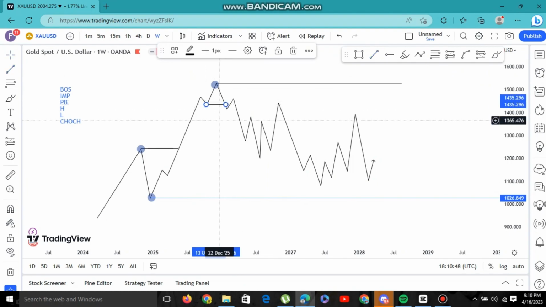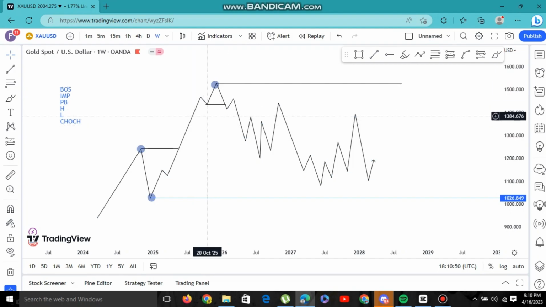Choke is like BOS, but on a minor scale. Choke will always help you to find out when a move has started or about to end. In the other scenario, BOS will always help you to find out that the trend is either continuing or the trend has changed.